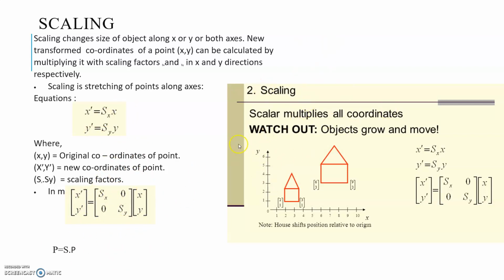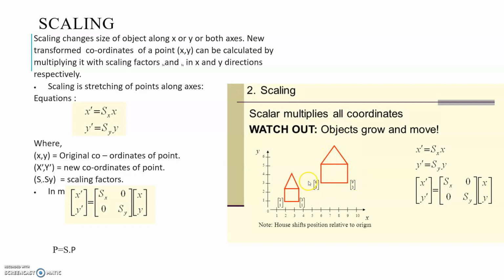What scaling will do, you can see in this diagram: scaling multiplies all the coordinates. In this you can see that your object will grow more and more. This is your original object. This is the object after the scaling factor is used.